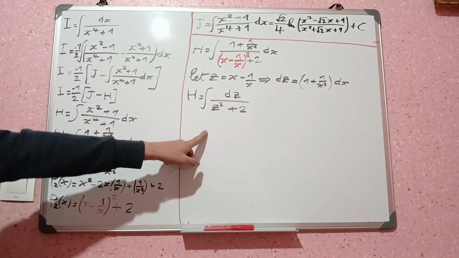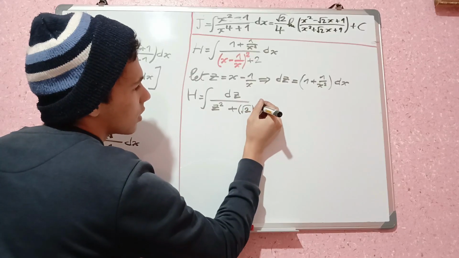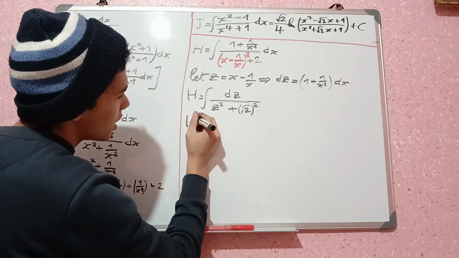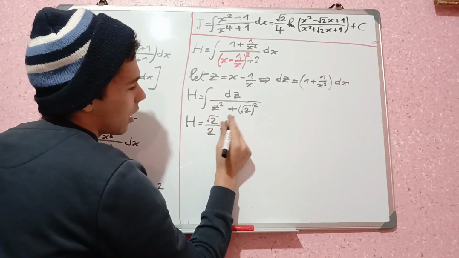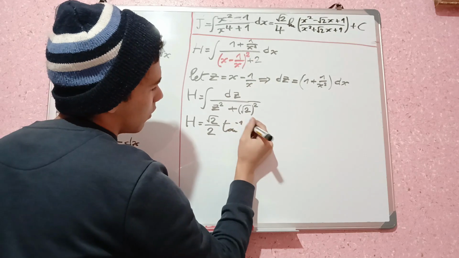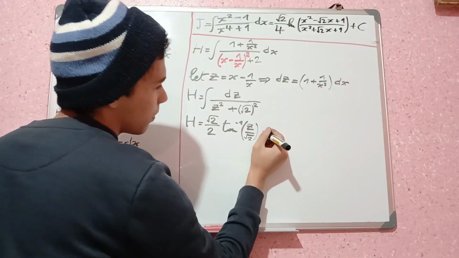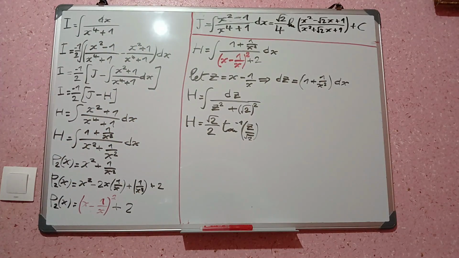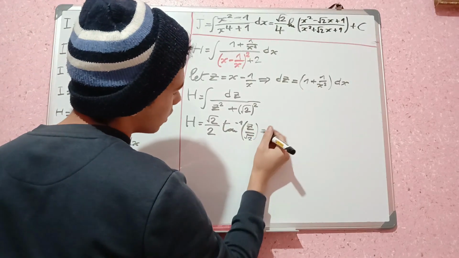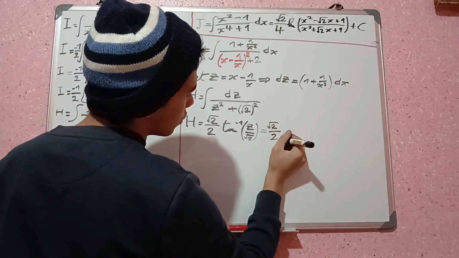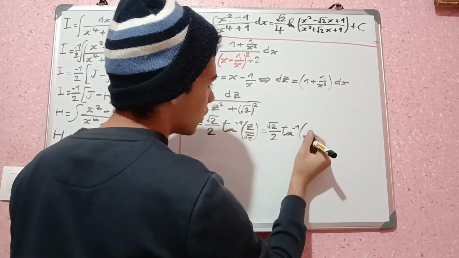Going to use the inverse tangent method. So let's write this as square root of 2 all squared. So h will be equal to 1 over square root of 2, which is square root of 2 over 2, inverse tangent of z over square root of 2, plus c at the end. This is not the original integral. And z is the same as this. So we can write square root of 2 over 2 inverse tangent of this part over square root of 2.